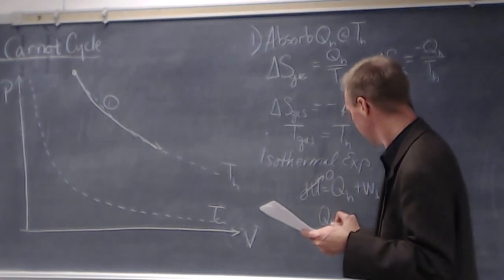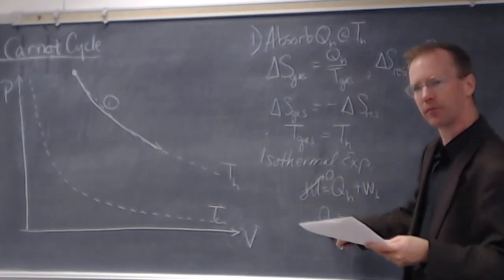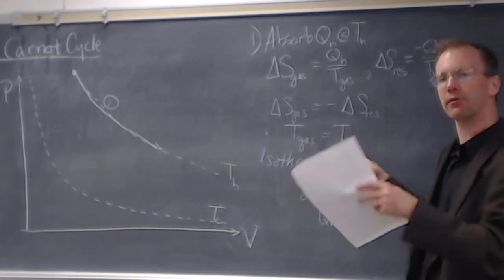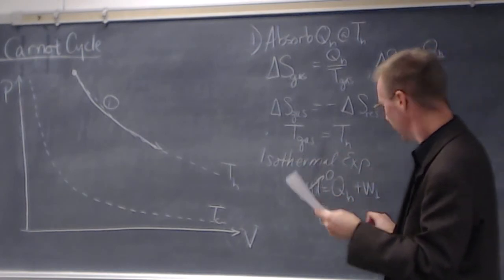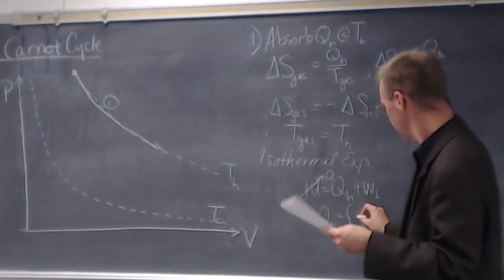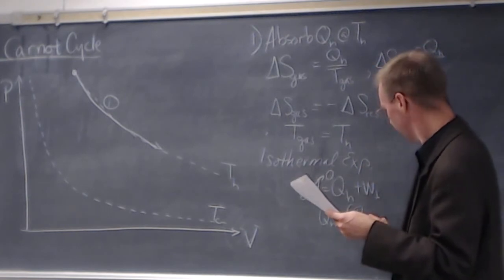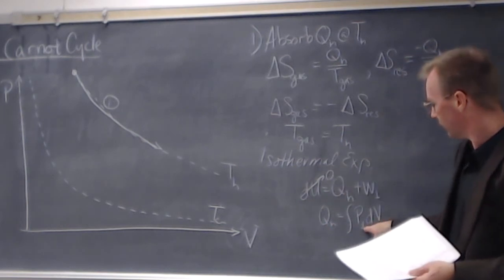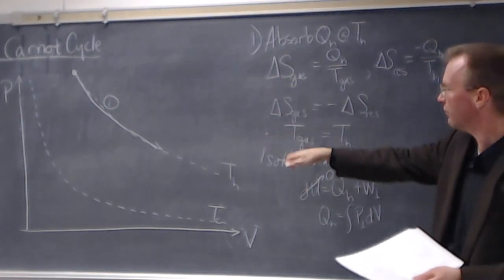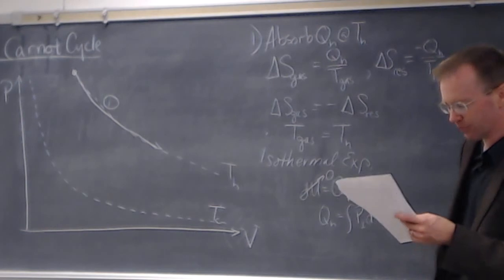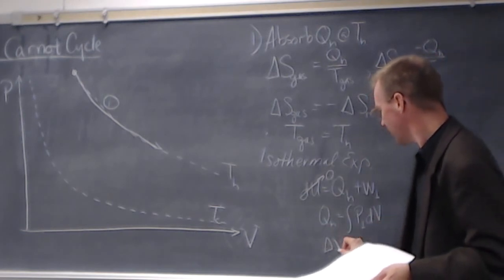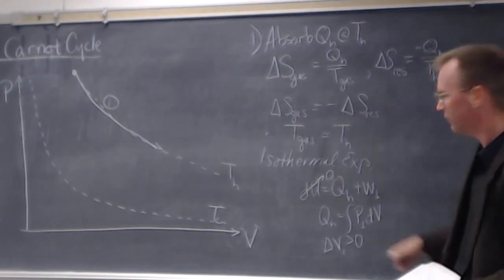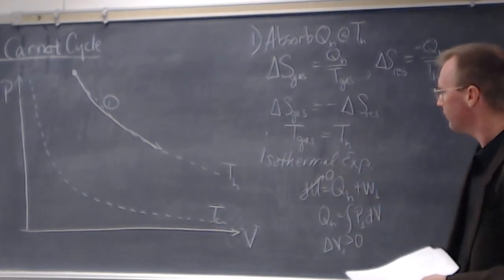And so you would get the heat flow in is going to be equal to negative W1, negative of the work done in step 1, which is going to be positive, the integral of pressure along this step 1, dV, the change in volume. Okay, so you have a function of how the pressure changes, that's that hyperbola there, integrated over this change in volume, which means that the change in volume in step 1 must be positive. You've got an expansion. This is just the mathematical proof of what I had already said. Okay, and there we go.